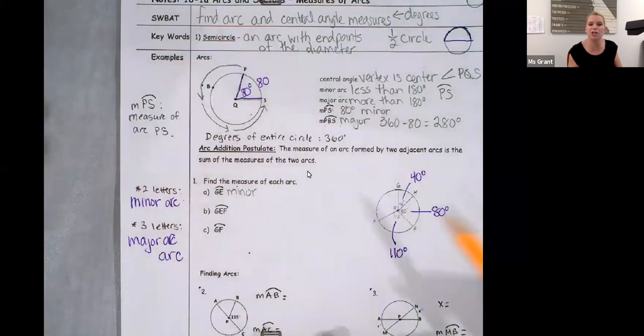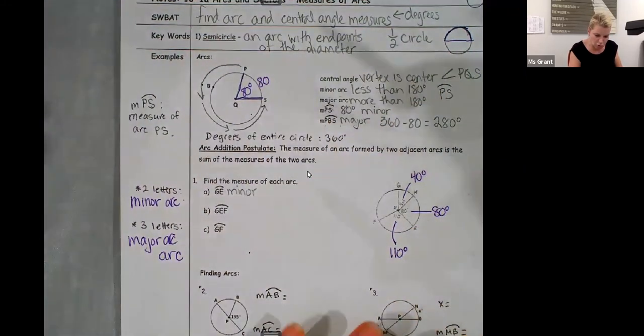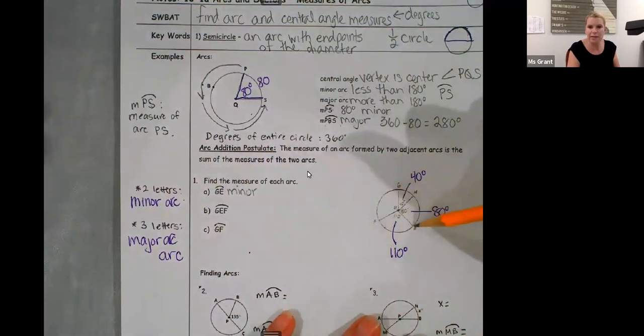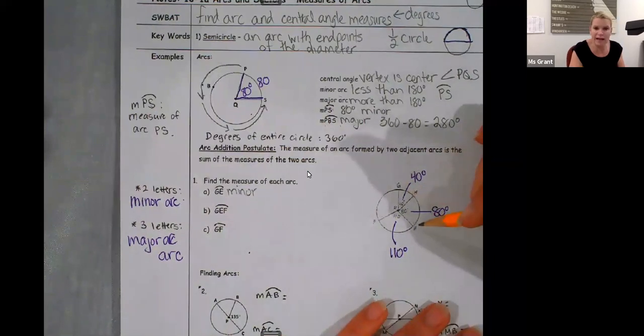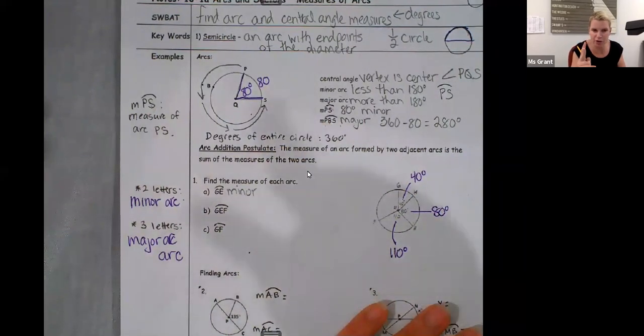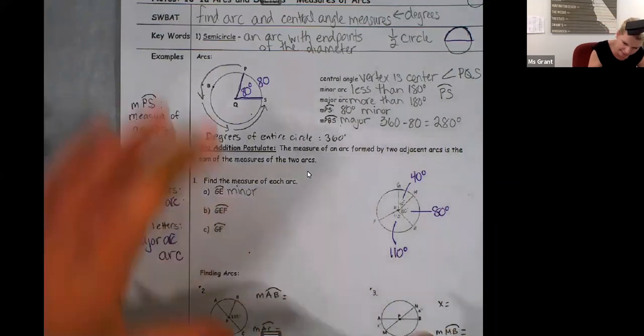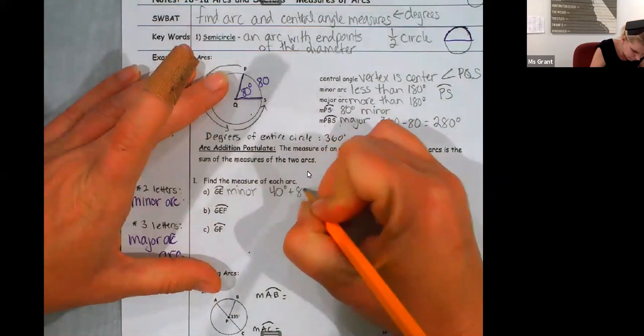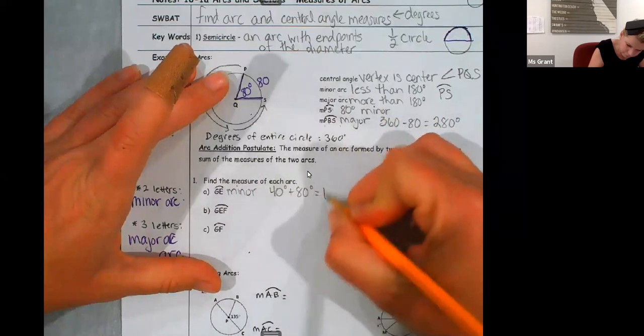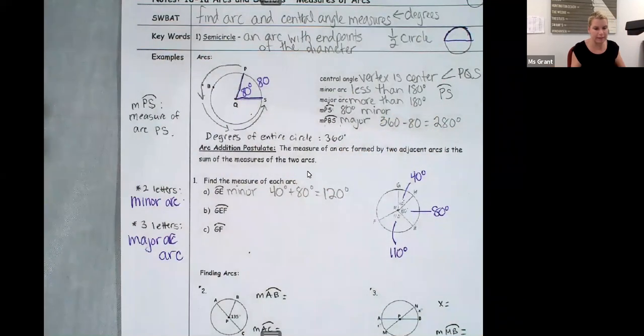So don't go to GE the other way around, using the big, obtuse central angles. GE only has two letters under the curve, so that's going to be less than 180. So I'm going to add 40 plus 80. 120 degrees, minor arc.